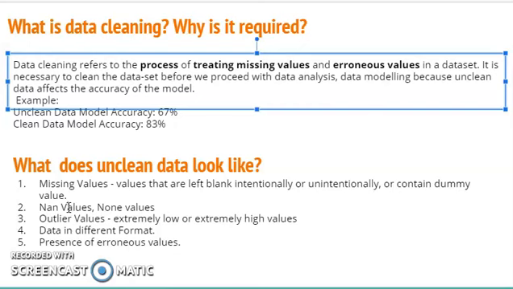Outlier values also come under the category of unclean data. Data in different format. By data in different format, I mean that suppose there is a column date of birth, and there are 40 students in your class. You are recording the date of birth of each and every student.